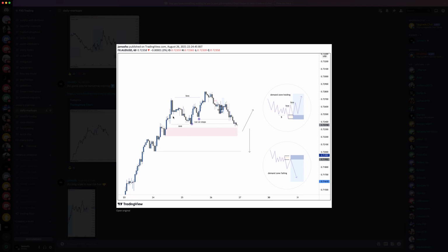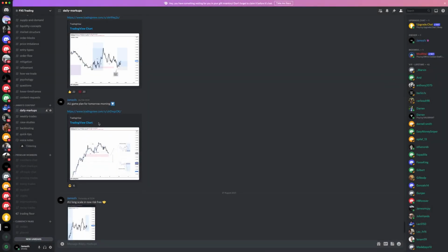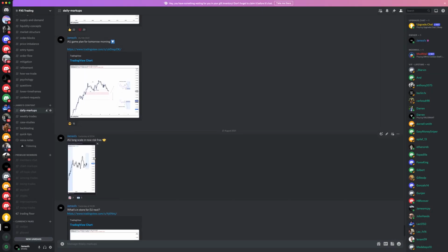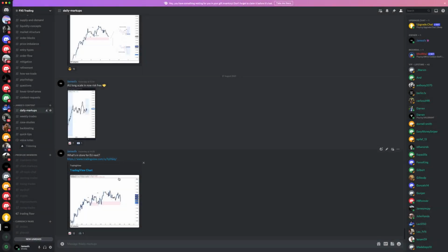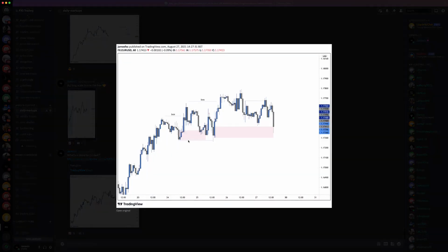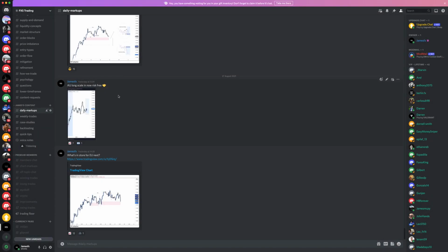But as we know, we had liquidity from here, so it's very likely price was going to come in to mitigate and then continue from here, and that's what happened. So we can see we had this entry here, but this is EU that I put in, and yeah, focusing on AU.